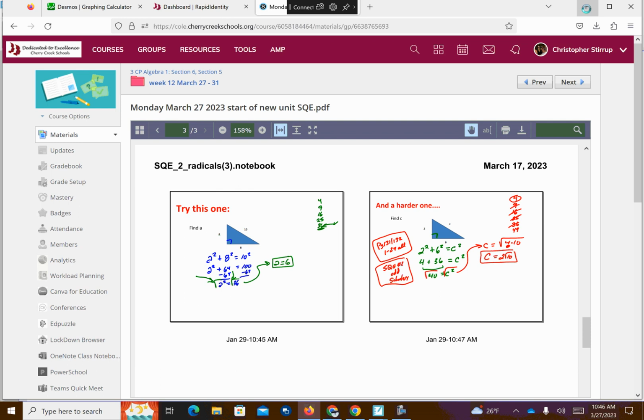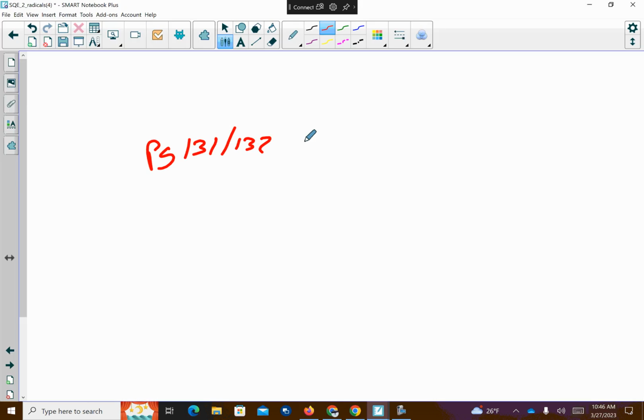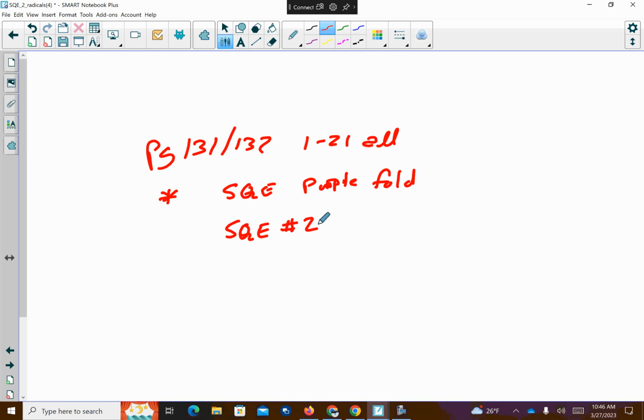Okay, so 131, 132, 1 through 21, all. And then please note, the SQE purple folder, if you look under SQE number 2, okay, because we skipped the first one, this has the odd answers filled out on Schoology.